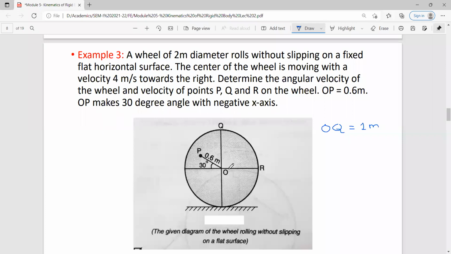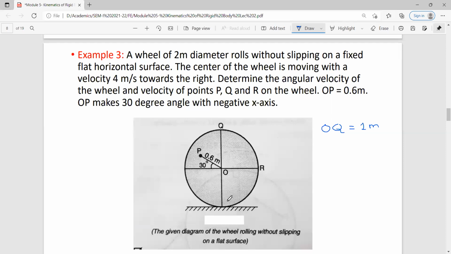Similarly, OR will also be 1 meter. So a 2 meter diameter wheel rolls without slipping on a fixed flat horizontal surface. So this wheel is rolling, it is not slipping.